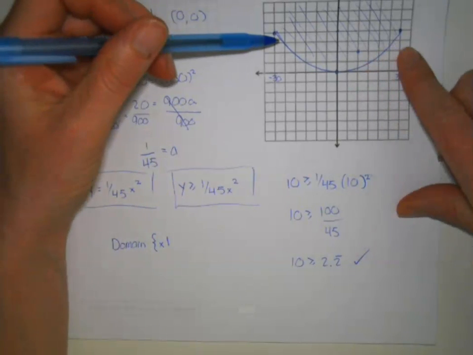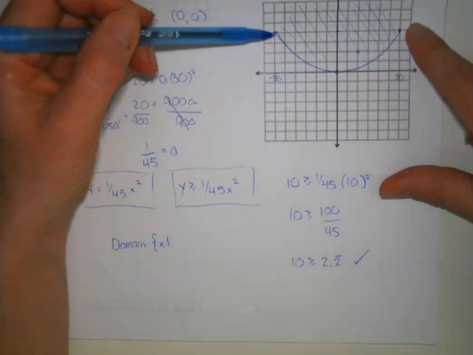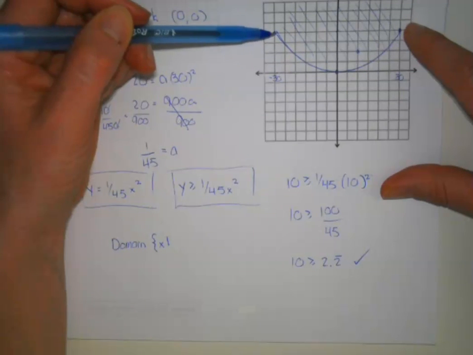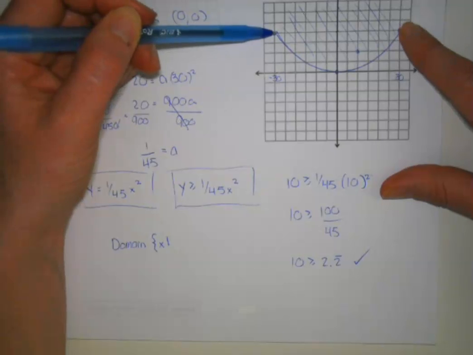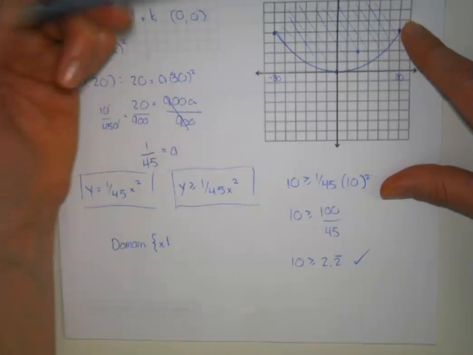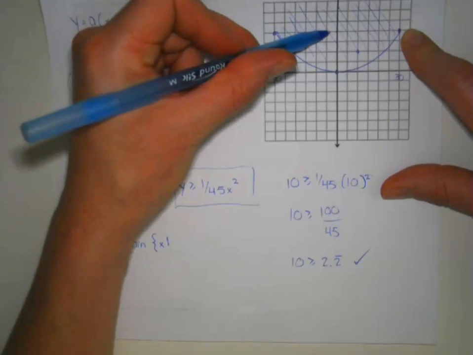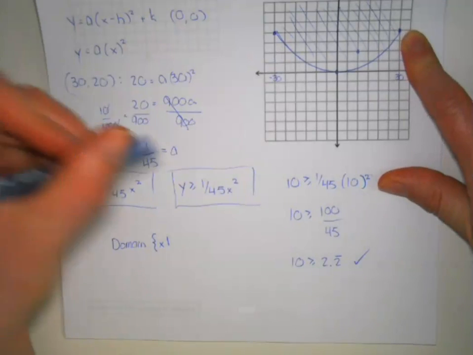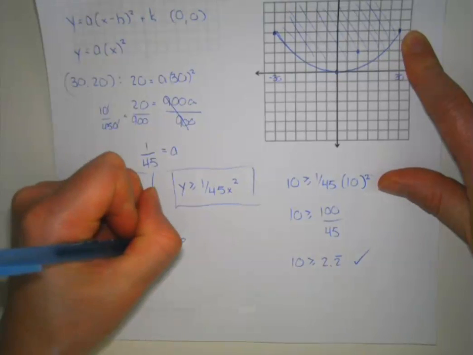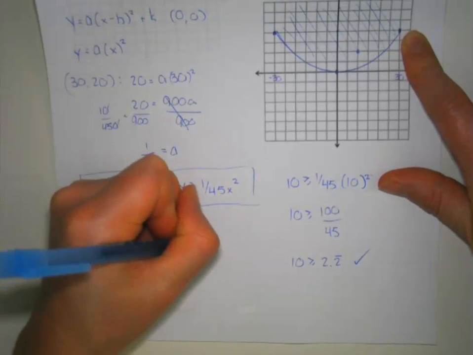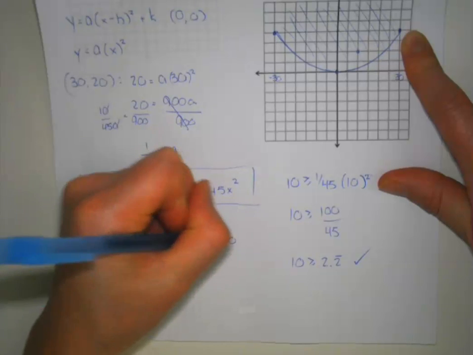For this particular one, we're just going to be going to the edge of the dish, right? The dish can only collect as far out as it goes. So we would say that x has to be greater than or equal to -30 and less than or equal to +30.